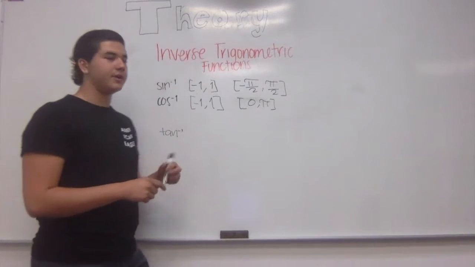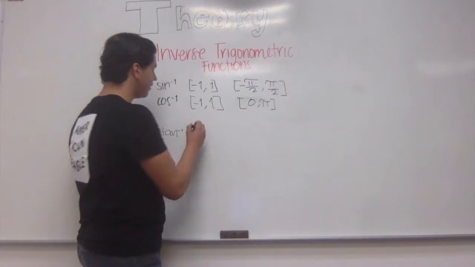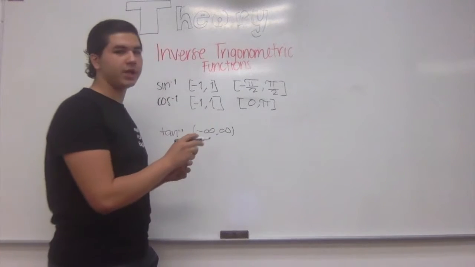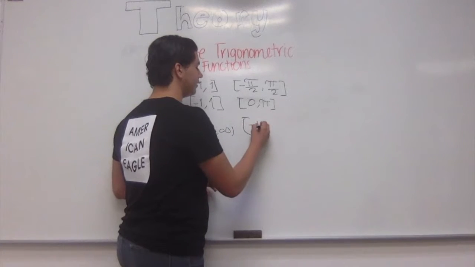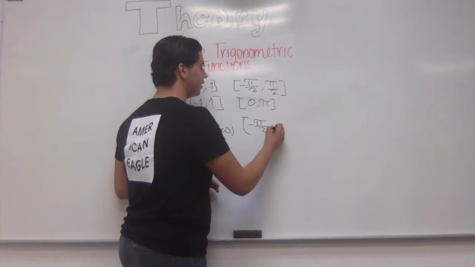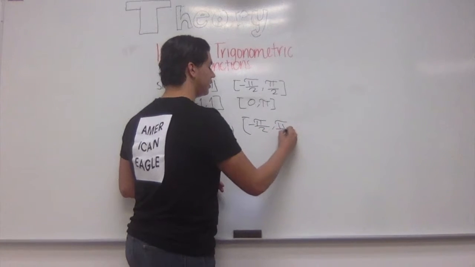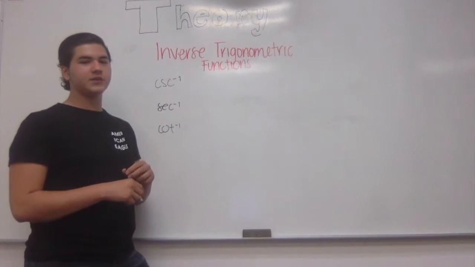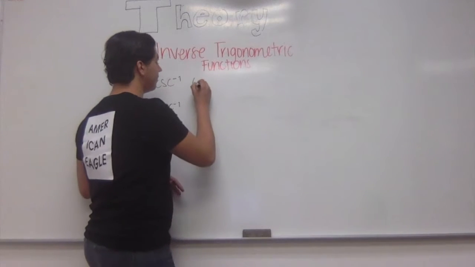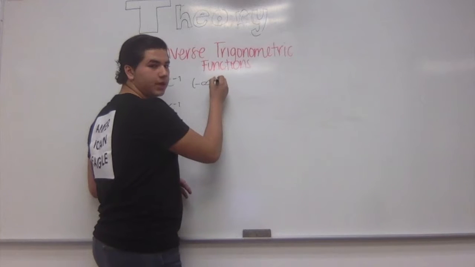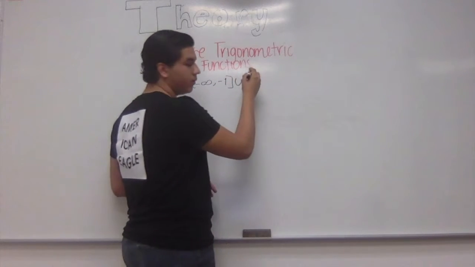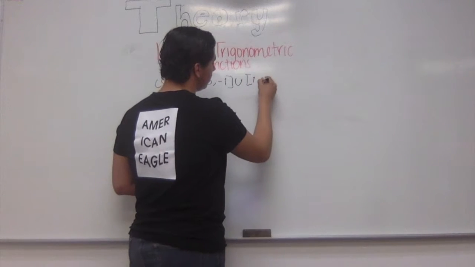The domain for inverse tangent is -infinity to infinity, and the range is from -pi over 2 included to pi over 2 included. The domain for inverse cosecant is from -infinity to -1, union with 1 to infinity.